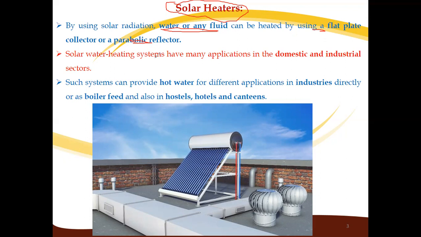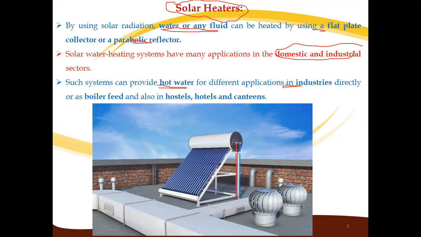Solar water heating systems have many applications in domestic as well as industrial sectors. Such systems can provide hot water for different applications in industry directly. So this is the direct application.